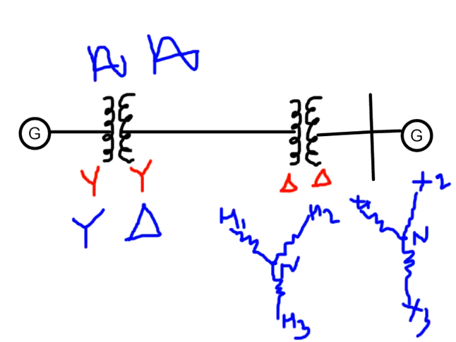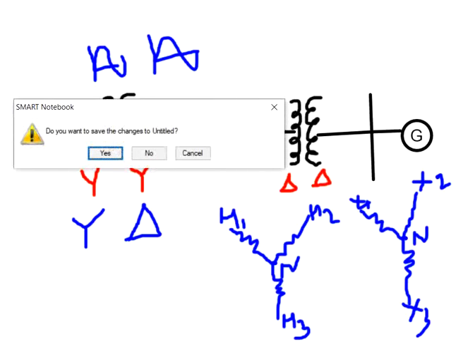Capital VA1 is like this. You can see here, VA1 is like this, capital VA1. It is horizontal, you can see in this figure.